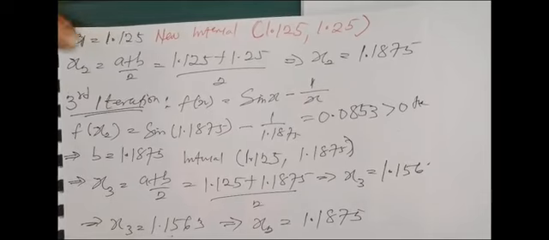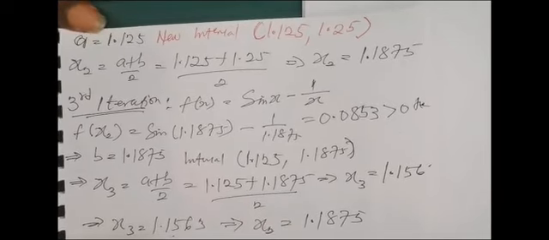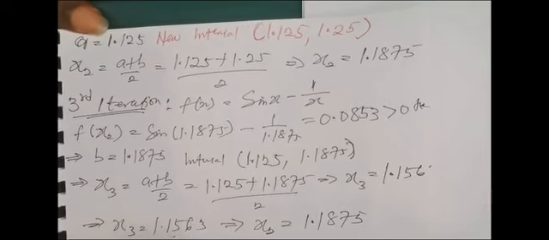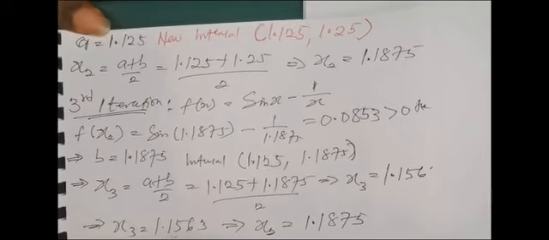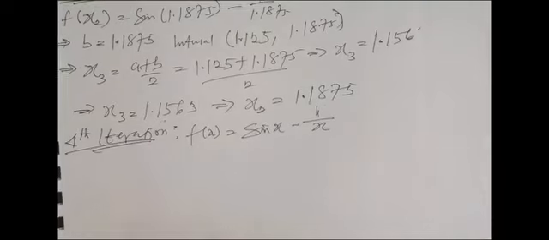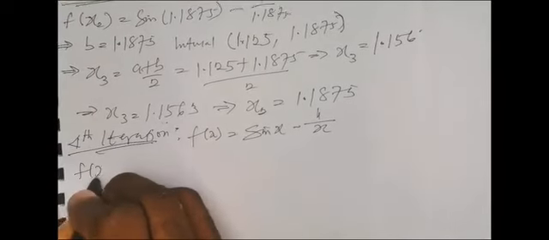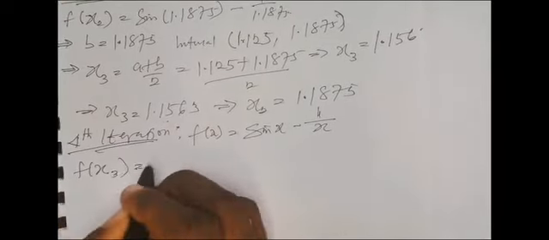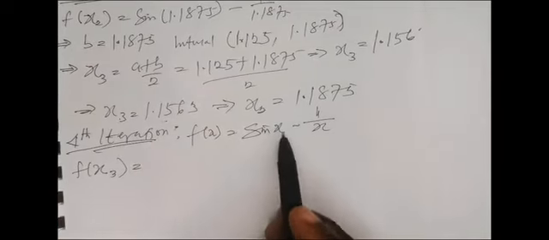Okay, so we'll carry on now with the fourth iteration. Not forgetting the function f of s equals sine s minus 1 all over s. So we find f of s3, simply plugging the value of s3 into the function.